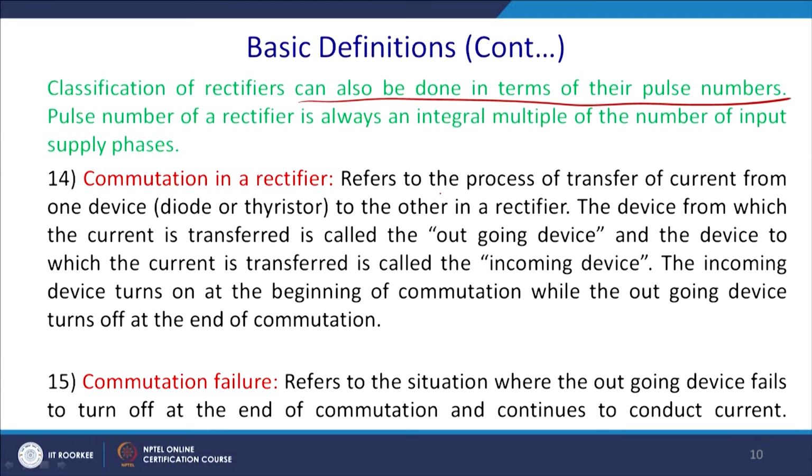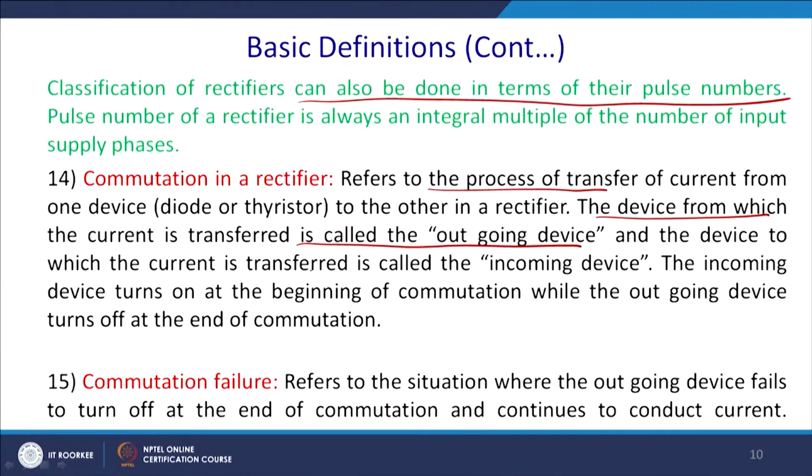Commutation in a rectifier. In a rectifier, the process transfers current from one device to another device, mostly diodes or thyristors. The device from which current is transferred is called the outgoing device, and the device to which the current is transferred is called the incoming device.